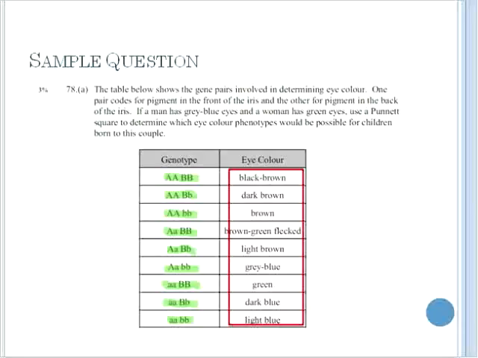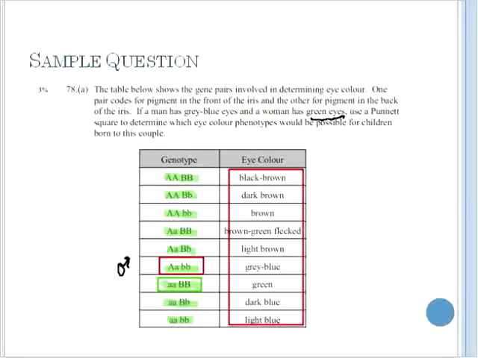You're told the man has gray-blue eyes, so his genotype would be as follows. The woman has green eyes. Therefore, her genotype is as indicated in the table.